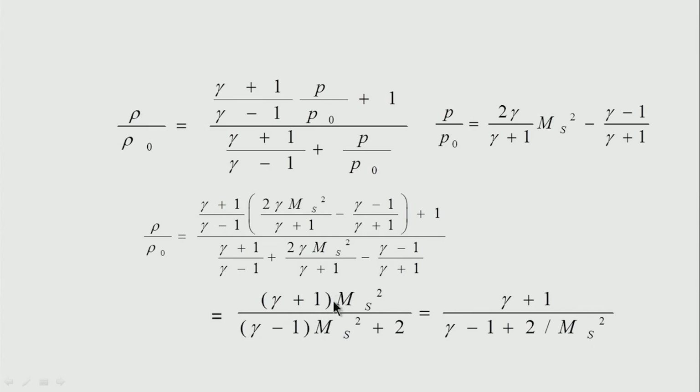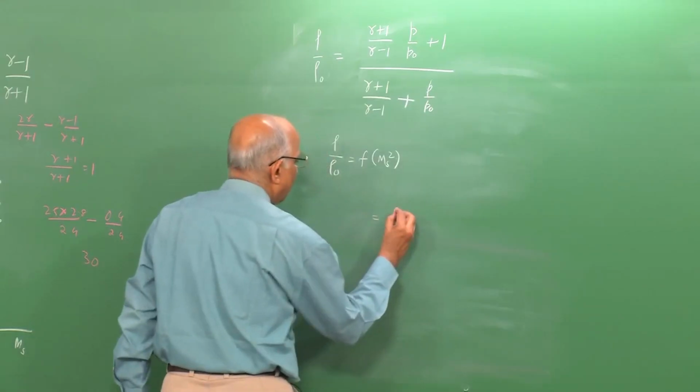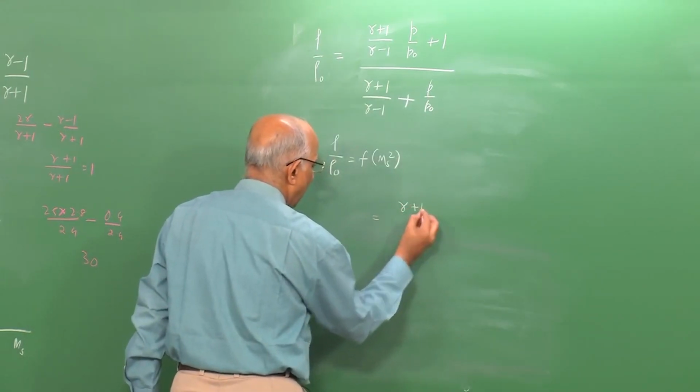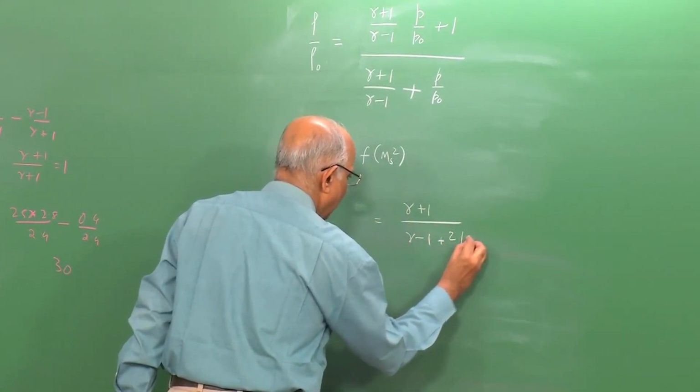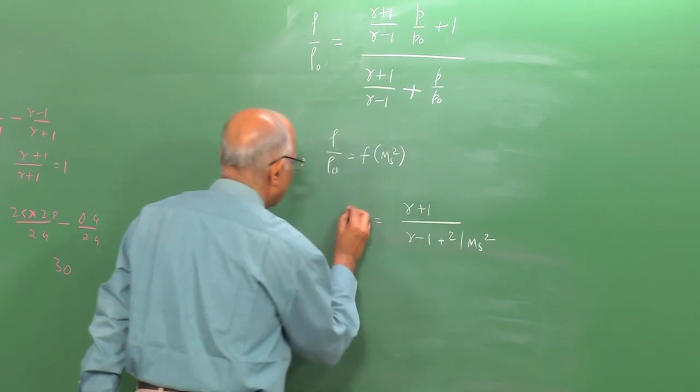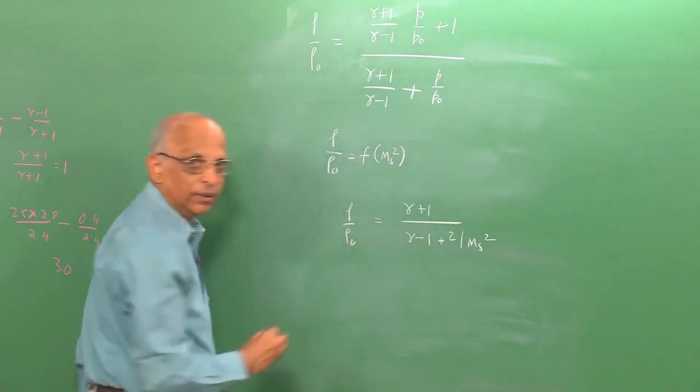I divide both the numerator and denominator by Ms square, and I get rho by rho 0 equal to gamma plus 1 divided by gamma minus 1 plus 2 over Ms square. Therefore, let me put down this final result on the board. What is it I get? I get the value as gamma plus 1 divided by gamma minus 1 plus 2 divided by Ms square, which is the value of rho by rho 0.